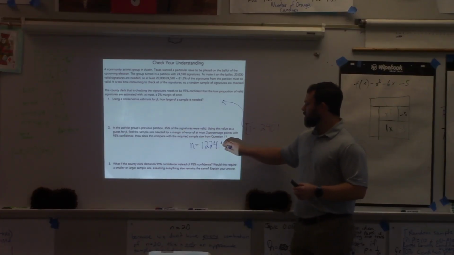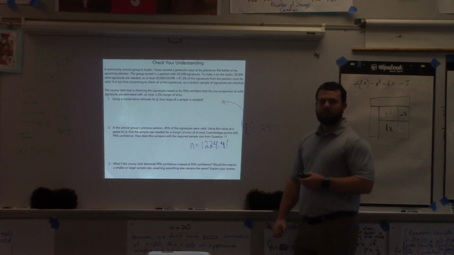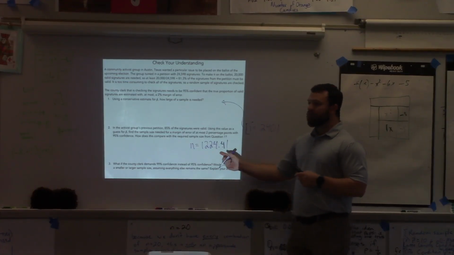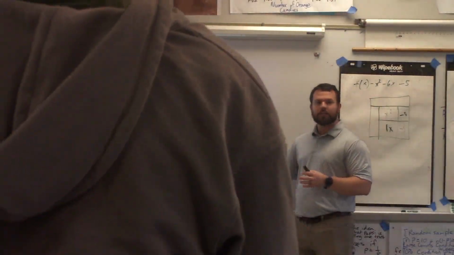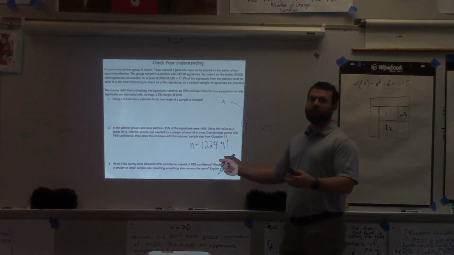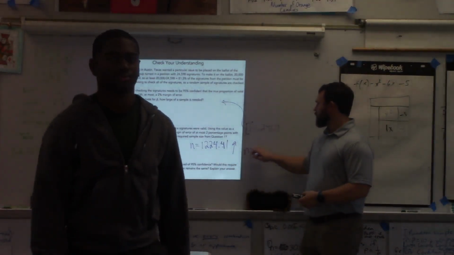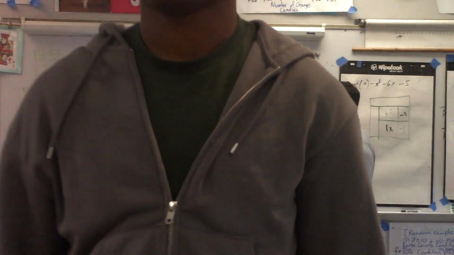Notice that's closer to 1224, but if you round down, your margin of error is going to be too big. You always have to round up, and so it would be 1225.